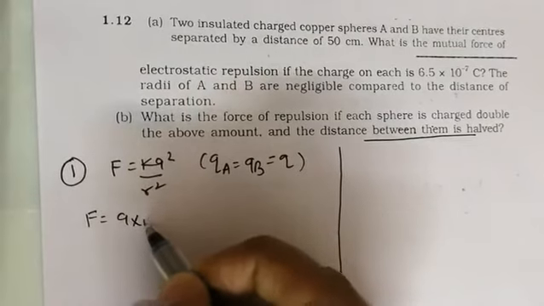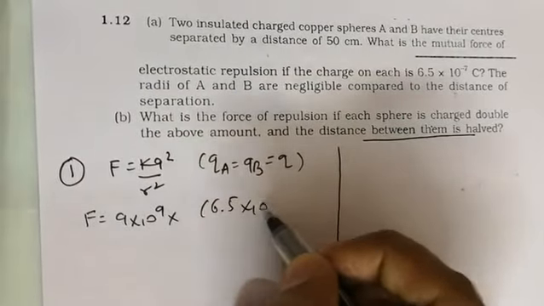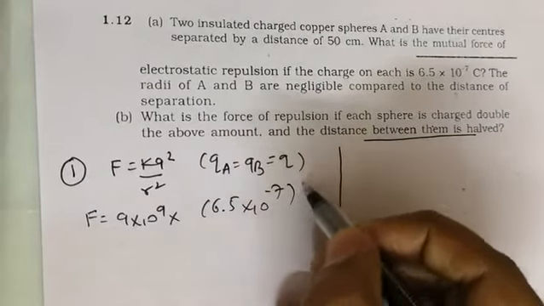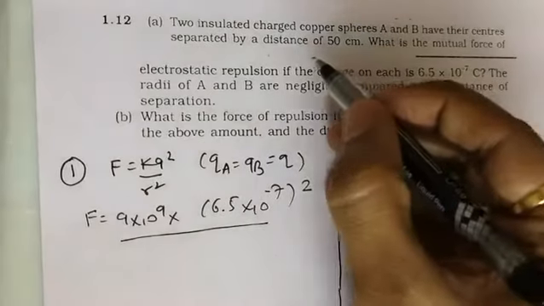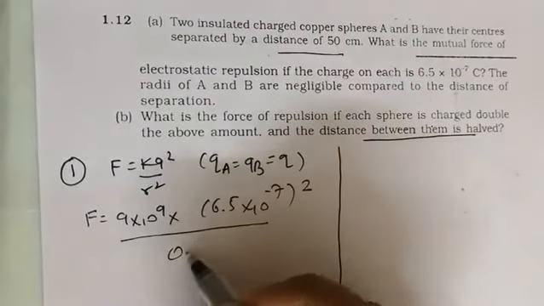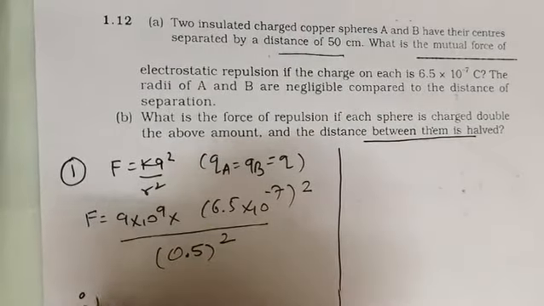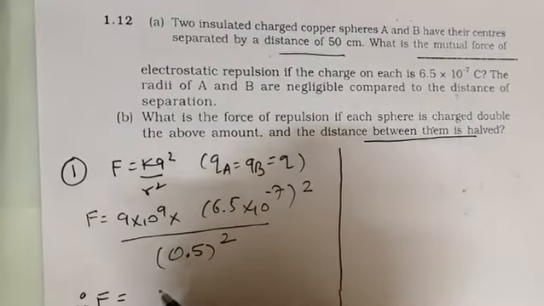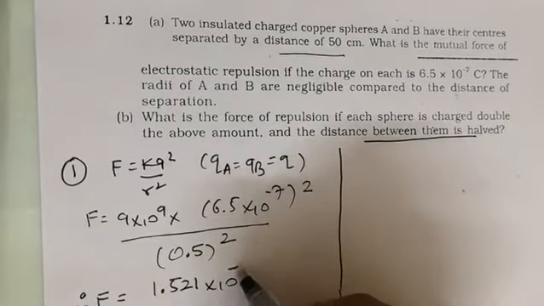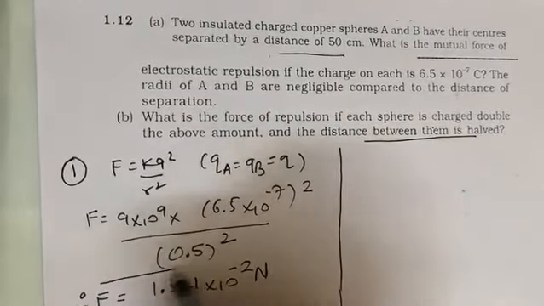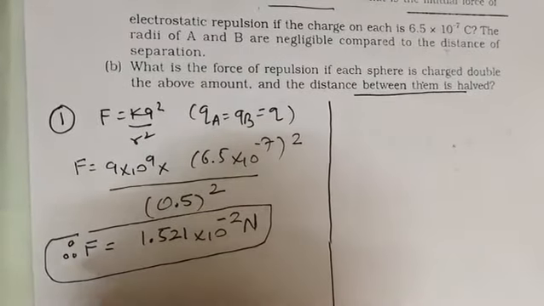F is equal to 9 × 10^9 times 6.5 × 10^-7 squared, divided by the distance between them, 50 centimeters. Converting to meters, 0.5, squared. So I can find the force. It is 1.521 × 10^-2 newtons. This is the first task.